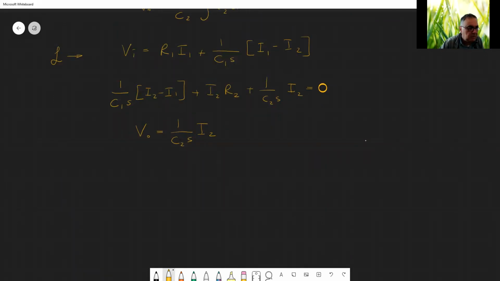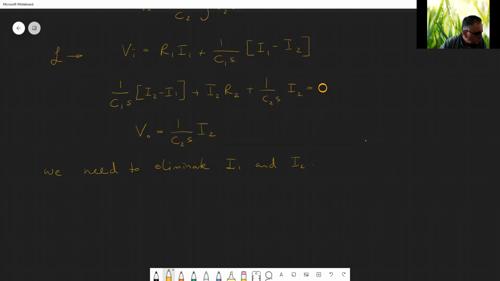We need to eliminate I1 and I2 to obtain a relationship between the input and output. We have three equations in our hands, so we can do it.